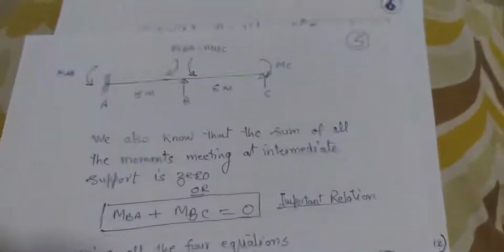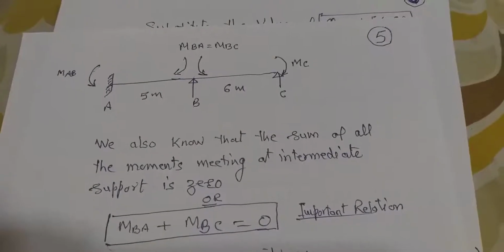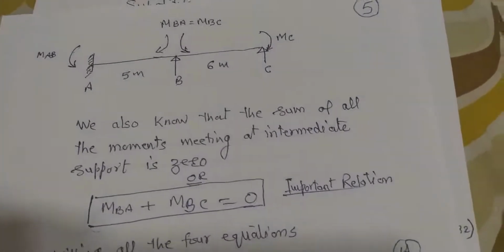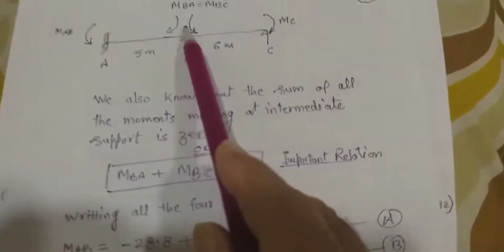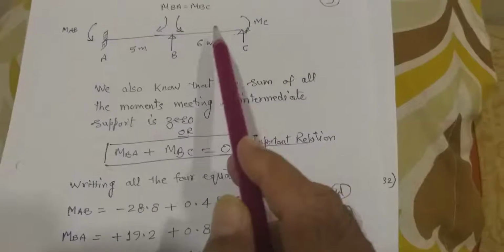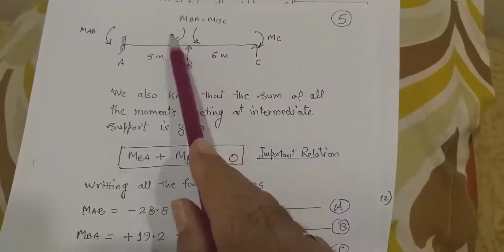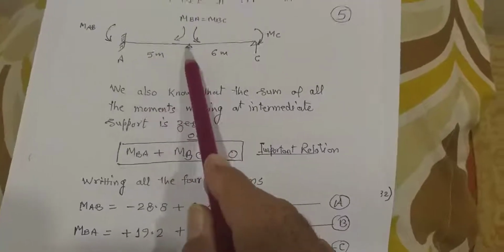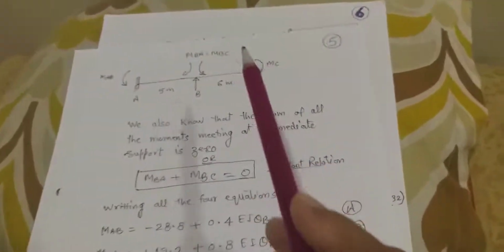Now, the most important thing, which you must have studied in the three-moment theorem and moment distribution: at the intermediate support, the moment to the left is equal to the moment to the right. So we can say the moment at BA plus the moment at BC equal to 0, because these must be equal.